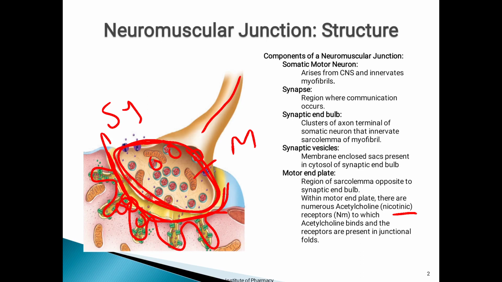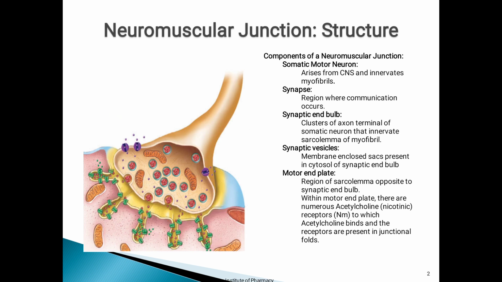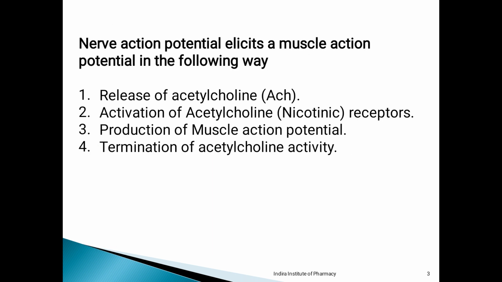Now the next step is how the impulse is communicated within this muscle fiber. First we'll see the steps. A nerve action potential elicits a muscle action potential in the following ways. First step is release of acetylcholine.